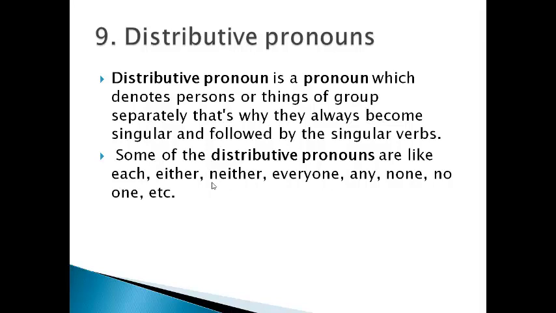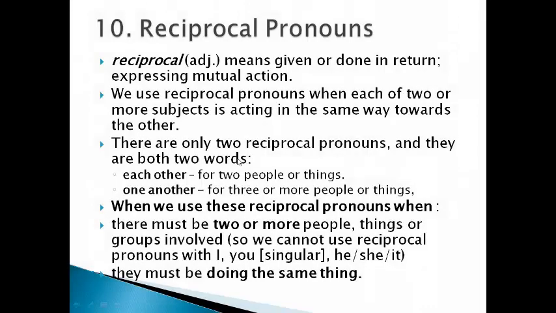That means we are talking about a group and picking one person. Each of you should complete the task. That means talking about every person. So distributive pronouns talk about a group of people and point individually to every person. That is the distributive pronoun.